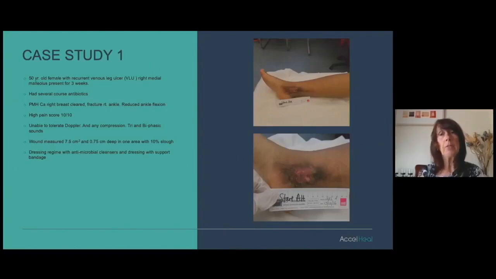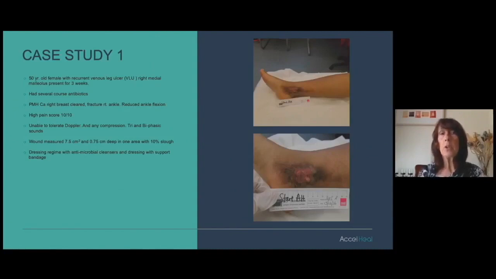She had a previous fracture to her right ankle and significantly reduced ankle flexion, which obviously increased the risk of recurrence to these wounds. She'd had several courses of antibiotics with no real benefit and no improvement noted to the wound. She had a very high pain score of 10 out of 10 and was really intolerant of dressing changes, and I was very challenged to be able to take a wound swab during this first assessment.